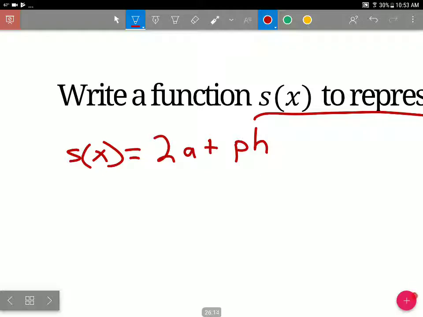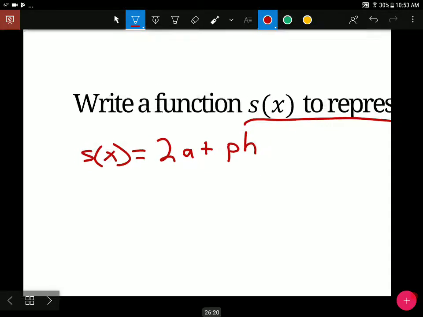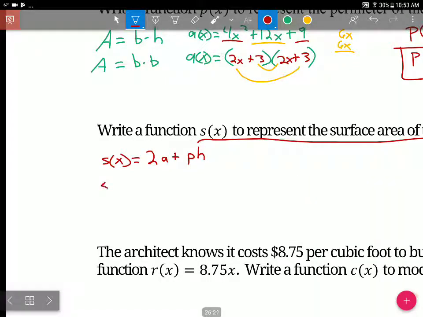All right, it's twice the area of the base plus the perimeter of the base times the height, which we have all of those. So s of x equals twice the area of the base, 4x squared plus 12x plus 9, plus the perimeter, which we said was what, 8x plus 12?